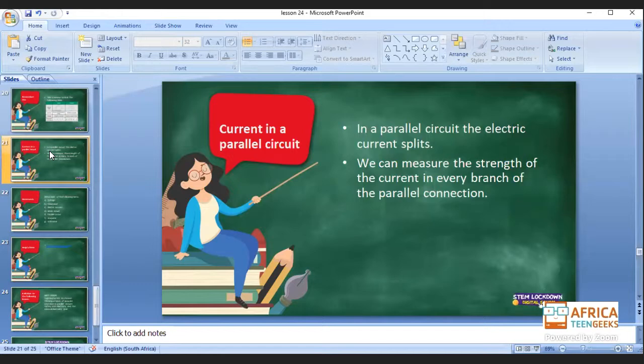That means if one bulb is not working, the entire house's bulbs will not work. But for you to have your own switch in the bedroom, a switch for your mom's bedroom, the kitchen switch and so on, it means your house is connected in parallel, because you can control the switch for each room.